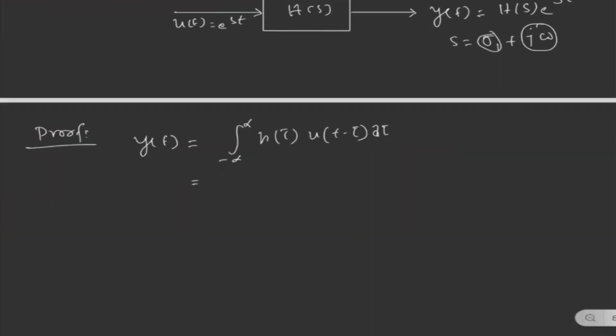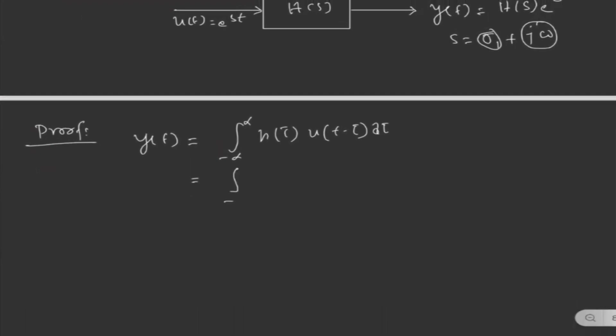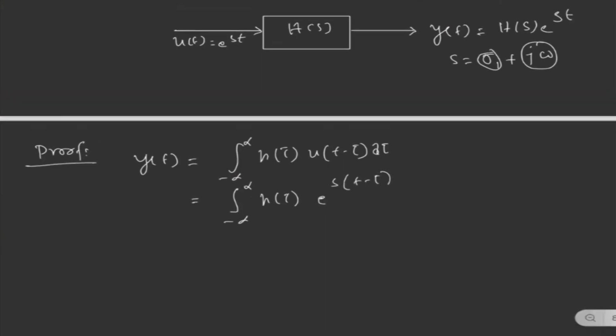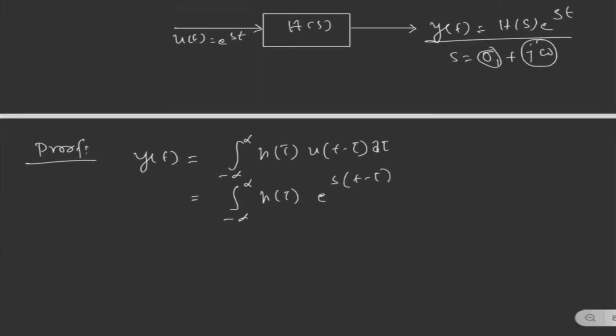In place of u(t minus tau) we write e to the power s(t minus tau), times d tau.